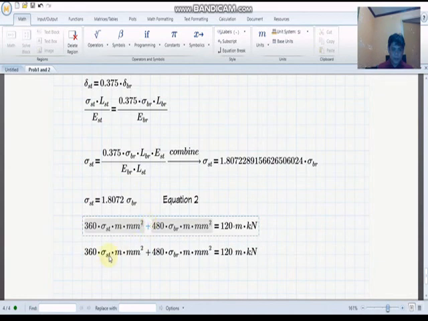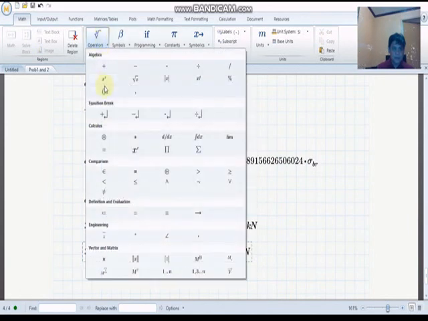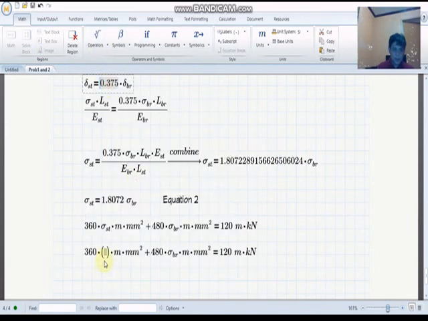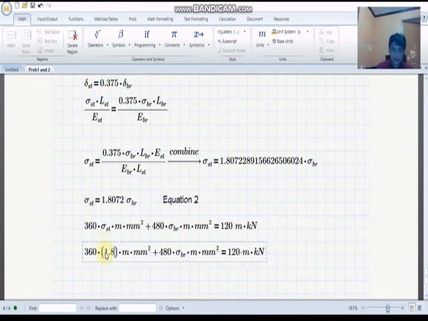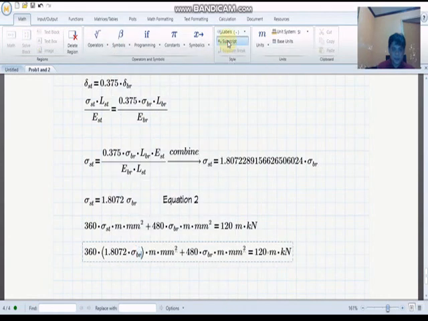Let's replace this one by this value, 1.8072 times the stress in the bronze.